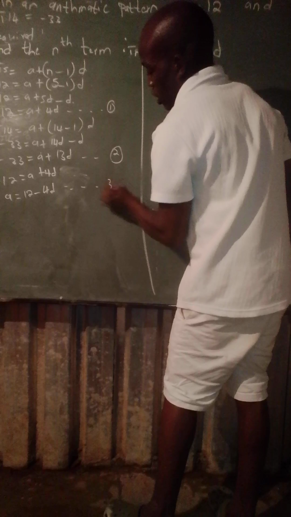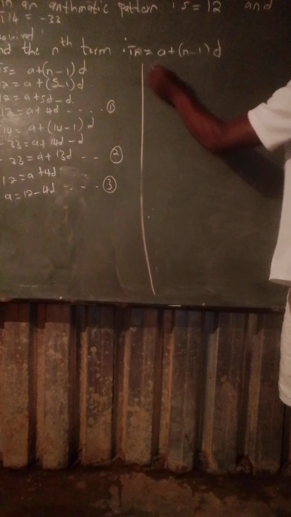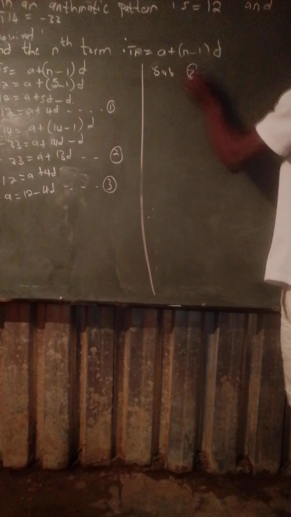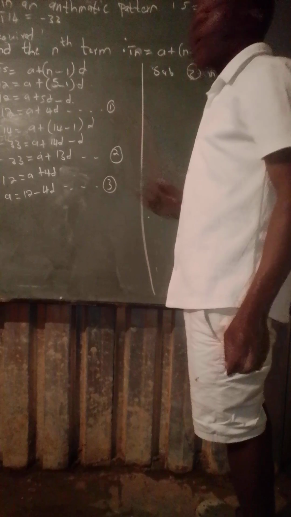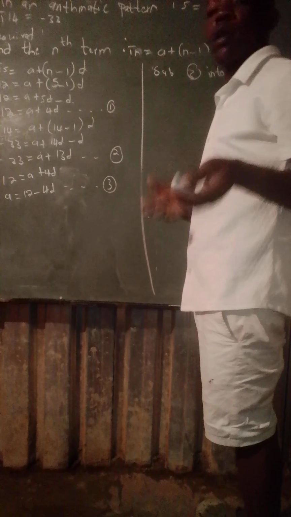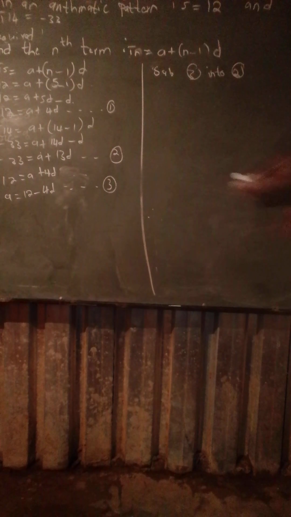This is my equation 3. Now, I'm going to substitute equation 3 into 2. Because if you substitute 3 into 1, the answer you are going to get will be 0, since they are the same equations. I hope you understand right there.